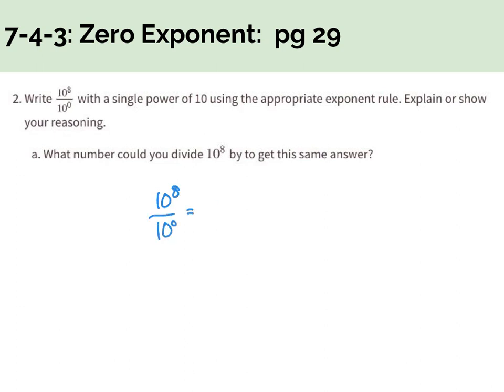The exponent rule was we subtract off the 0, and we still get 10 to the 8th, right? And again, anything raised to the 0 power is 1. So if we took 10 to the 8th divided by 1, we still get 10 to the 8th, which again is that same answer.